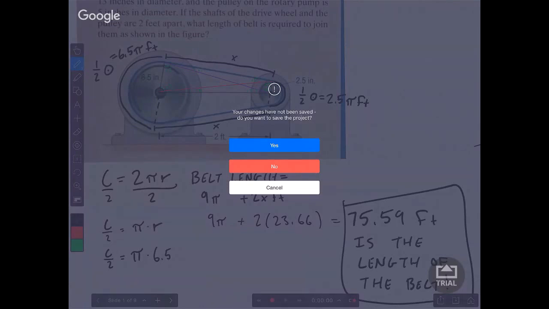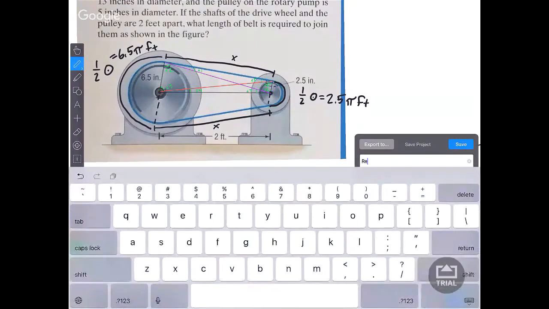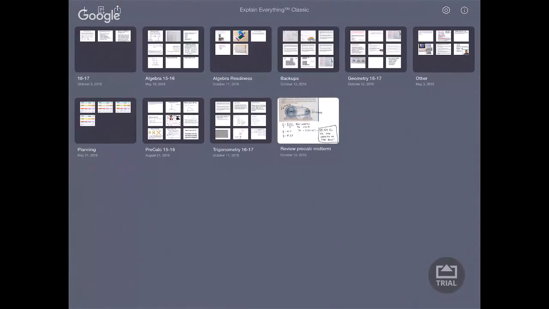Sure, we'll save our review work. Pre-calc midterm. Trig.